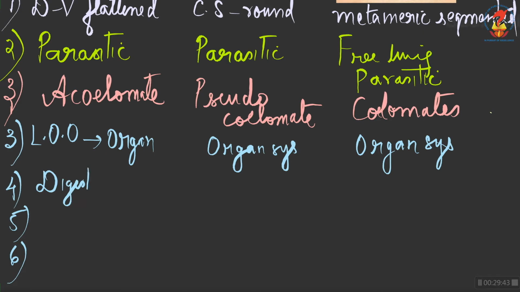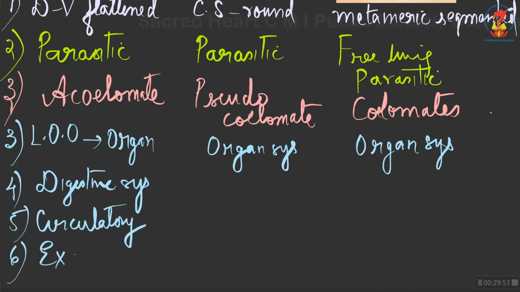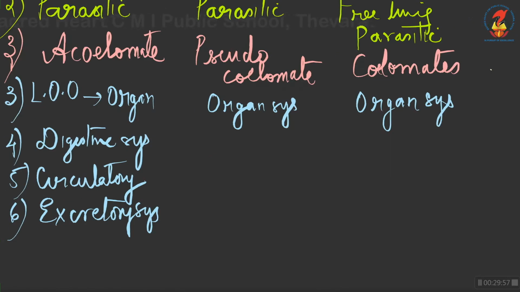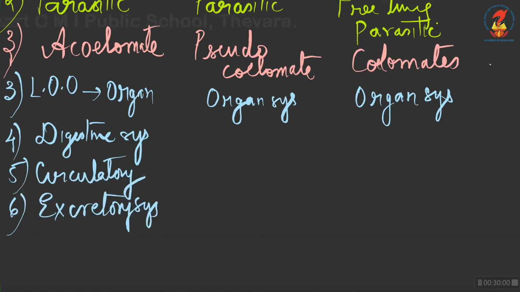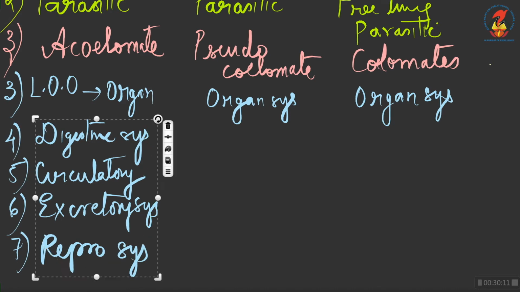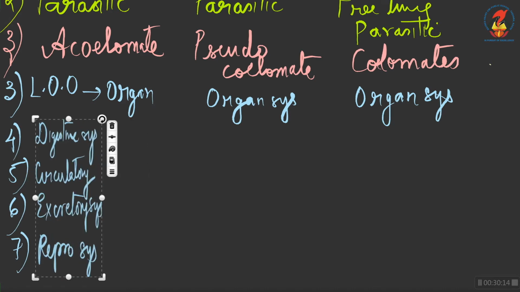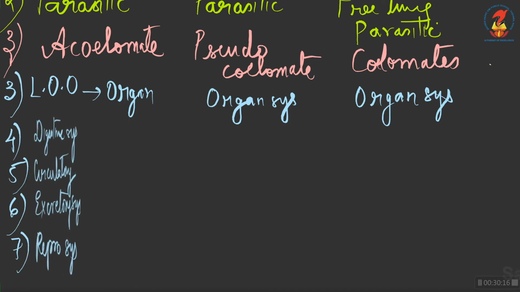Digestive system, circulatory system, excretory system, reproductive system. So taking these 4 systems together, we are going to analyze. Okay.